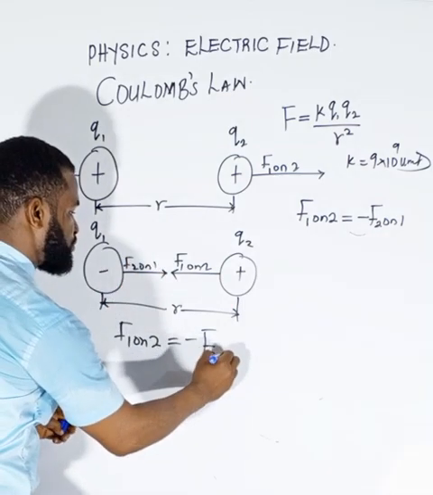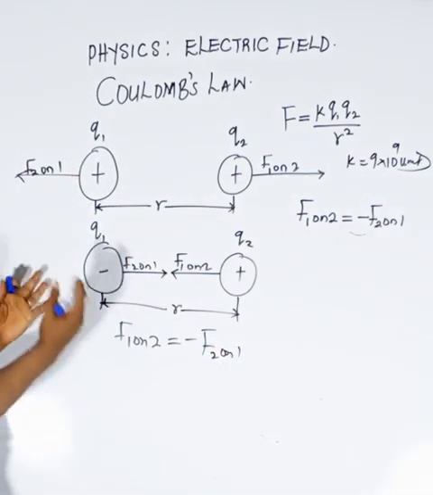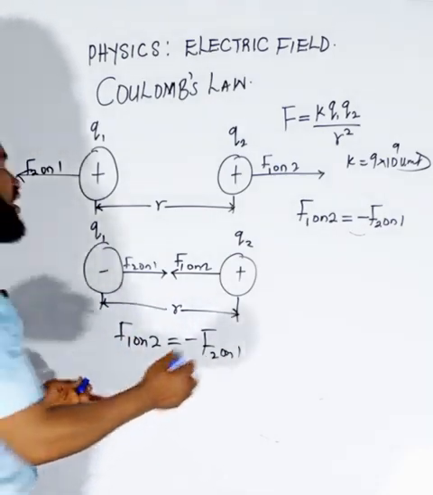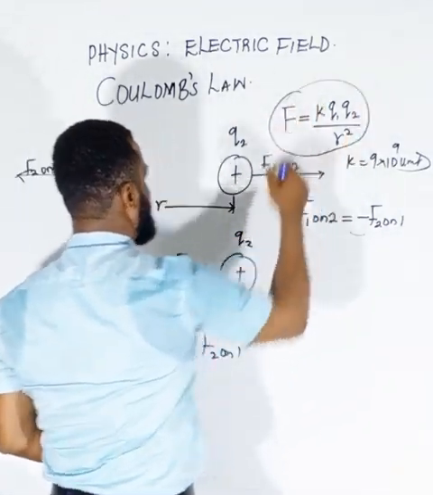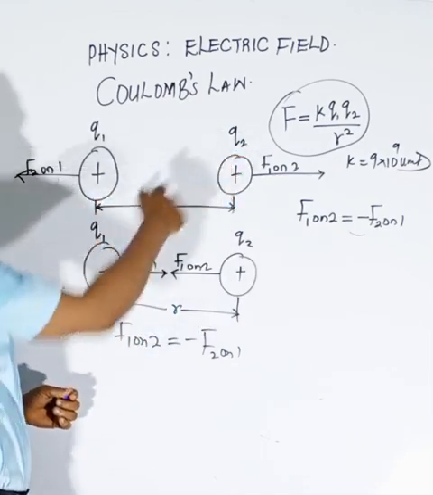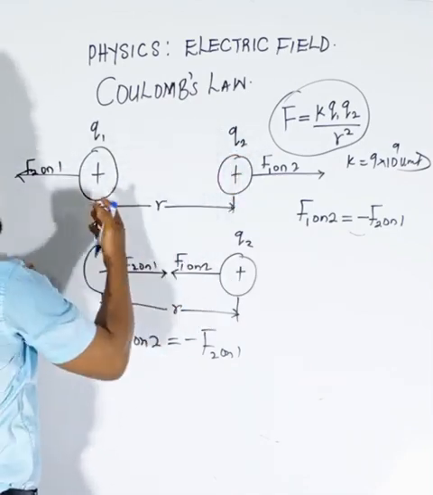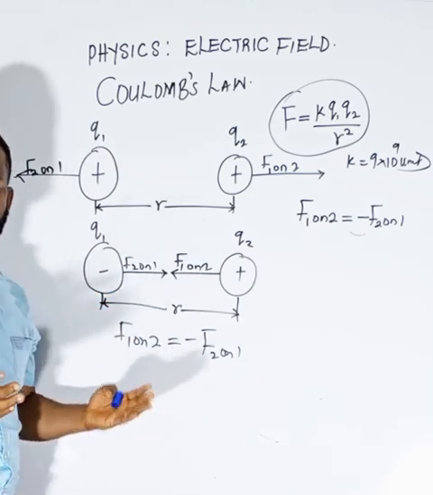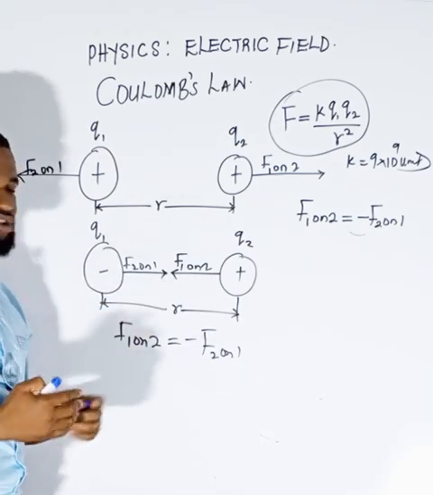So the force is not just one, like the one we used to see. When two charges are involved, it's not just one force that they feel. Rather, there are two forces according to the charges, as shown in this illustration.